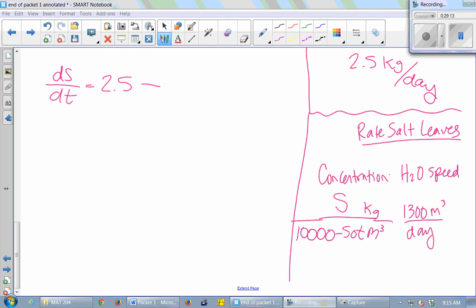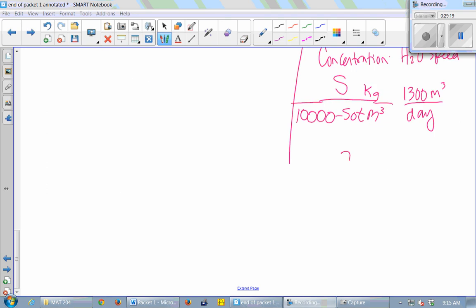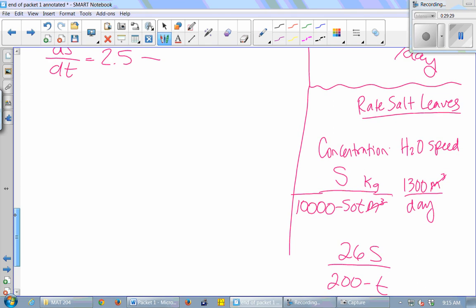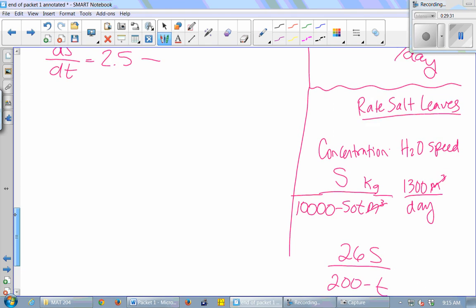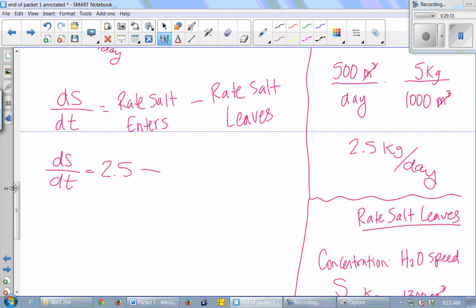So simplify this and you get 26S over 200 minus T. Cubic meters cancel. So that is my rate out, 26S over 200 minus T.